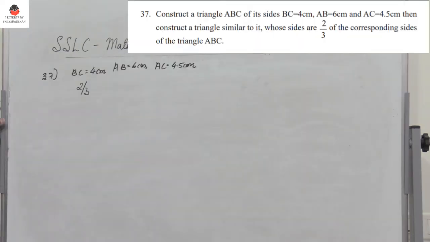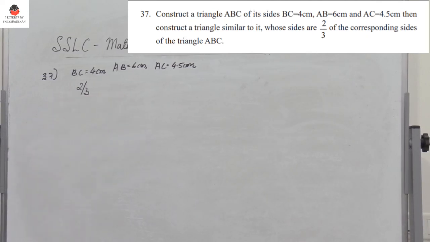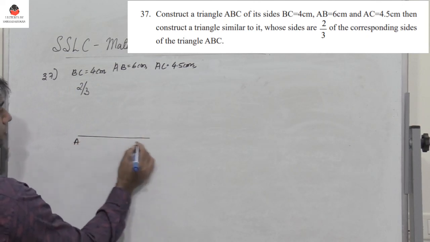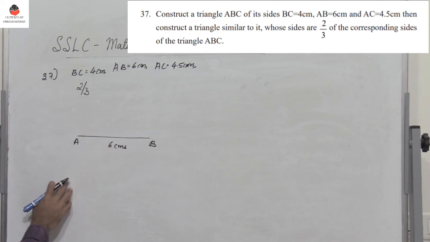So given, construct a triangle of side BC equal to 4 centimeters, AB equal to 6 and AC equal to 4.5 centimeters. Then construct triangles similar to it whose sides are 2 by 3 of corresponding sides of the triangle ABC. So first of all, let us draw the triangle. So I have AB of 6 centimeters, right?